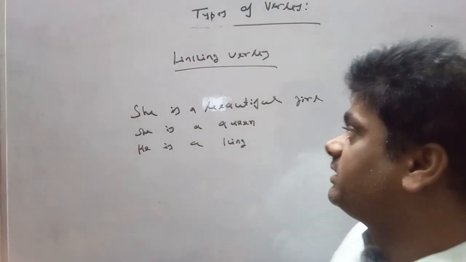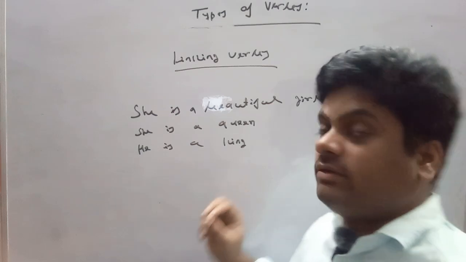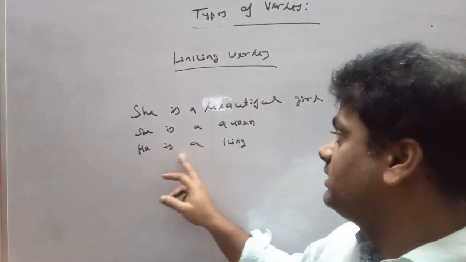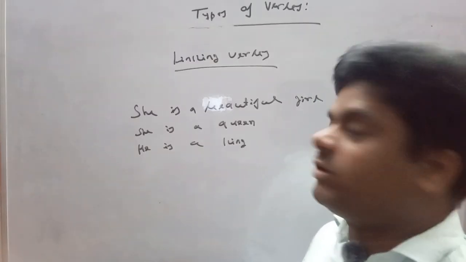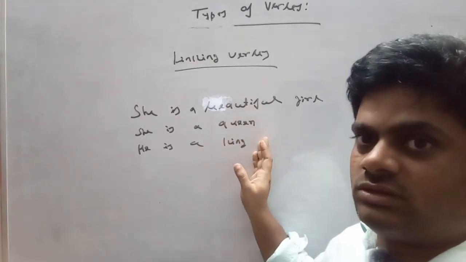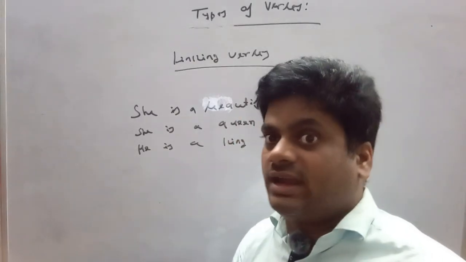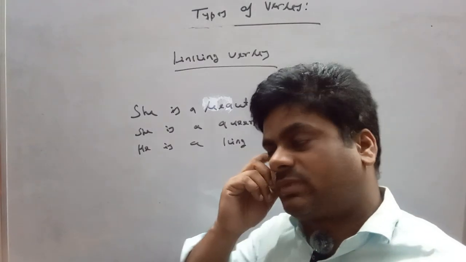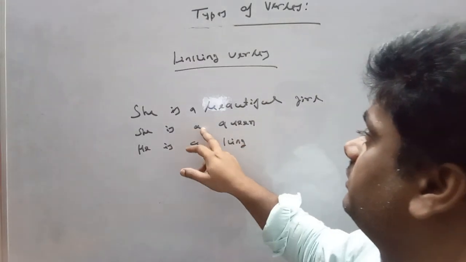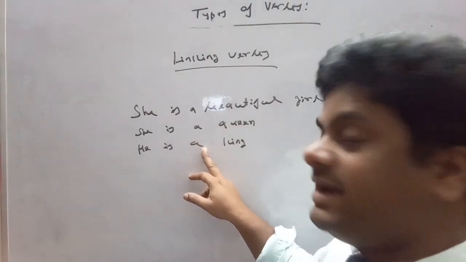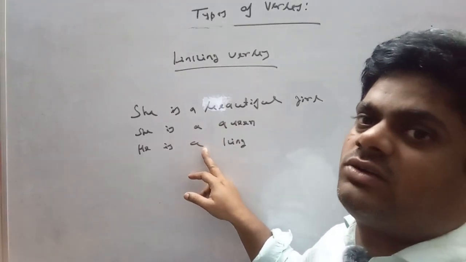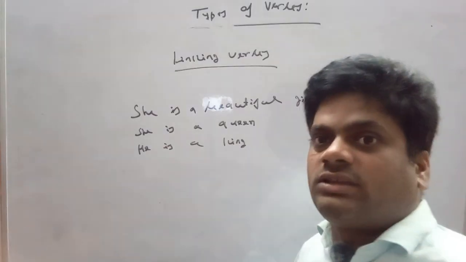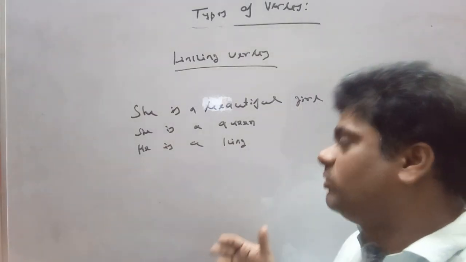She is a queen. Now here we have placed the article. He is a king. We can place an article because these are nouns. We cannot place an article with adjectives until they apply a noun with them. We have used the indefinite article here because we are not familiar with which queen, or where he or she belongs.